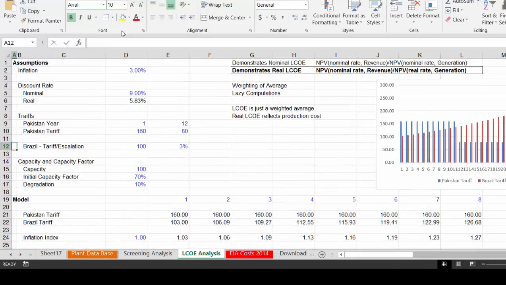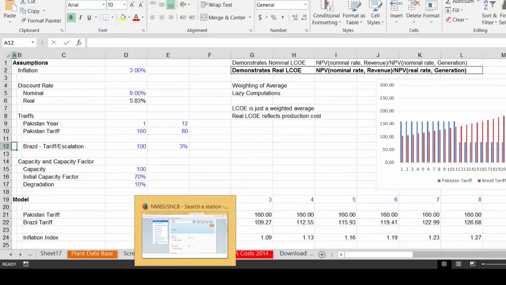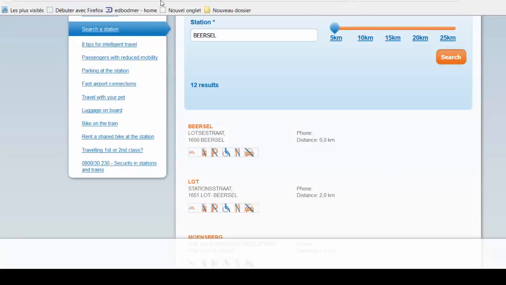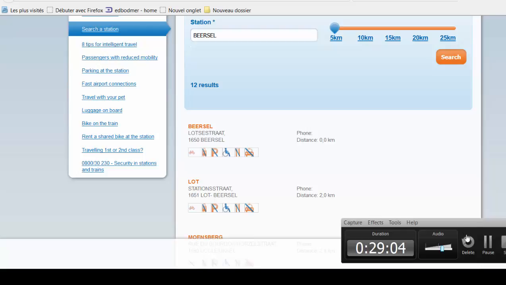I'll put this exercise in some kind of electricity analysis. I don't have my website open, but okay, that's enough of that. I missed that train.